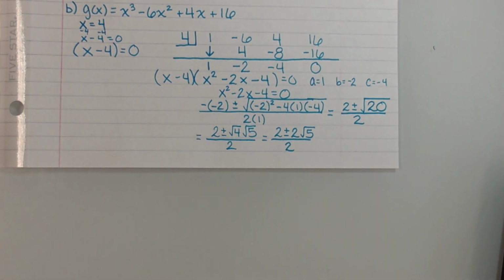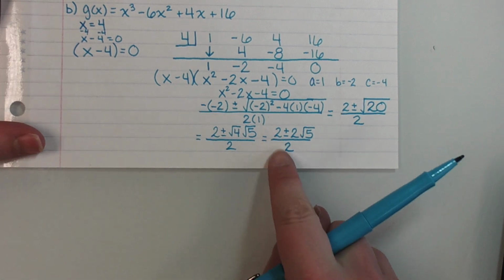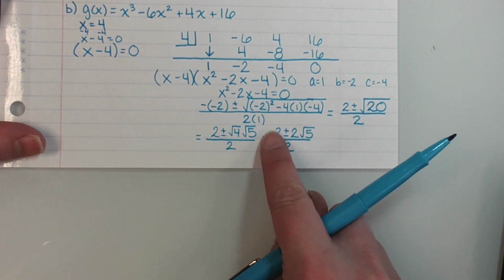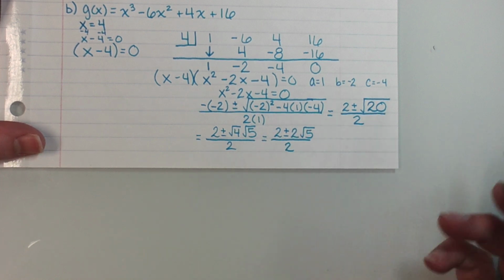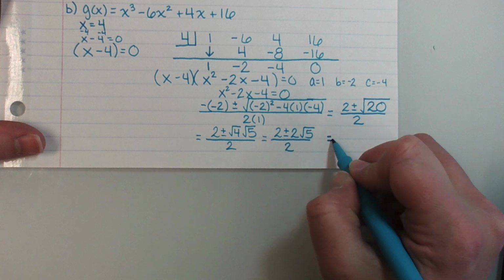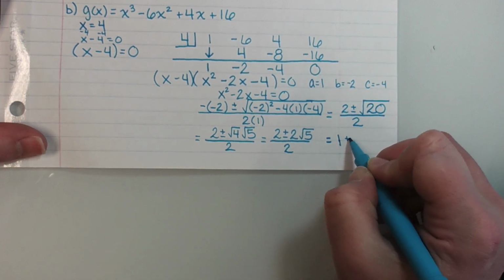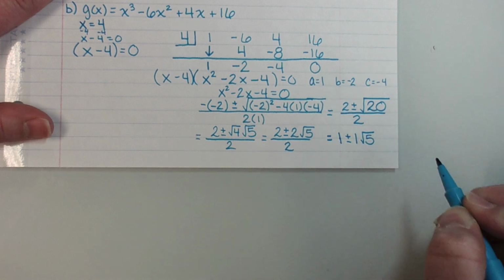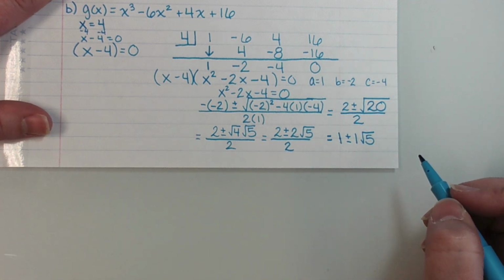Can we simplify the fraction? As long as all of these whole numbers divide by something, we do that. They all divide by 2. 2 divided by 2 is 1. Plus 2 divided by 2 is 1. Square root of 5. Technically over 2, sorry, over 1.